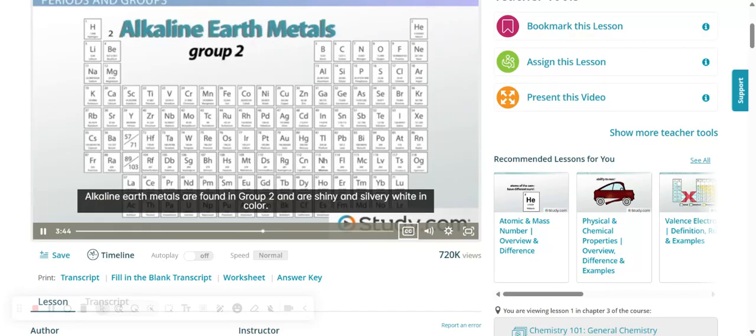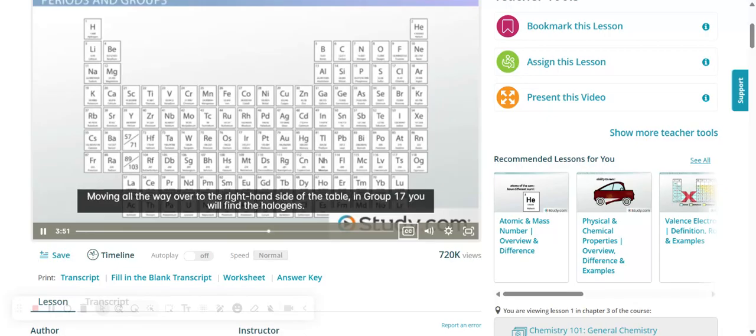Alkaline earth metals are found in group 2 and are shiny and silvery white in color. Moving all the way over to the right side of the table in group 17, you will find the halogens.